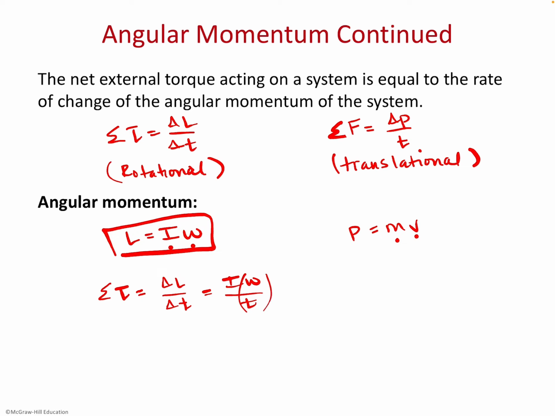Well, remember that angular velocity over time is equal to angular acceleration. So that's the equation that we've already had before, but just to prove that it does actually go back to being related to Newton's second law.